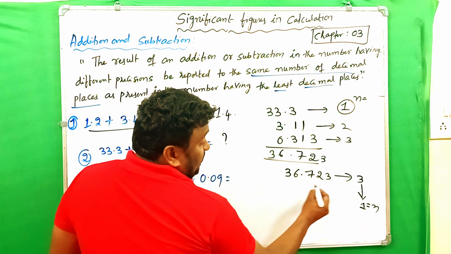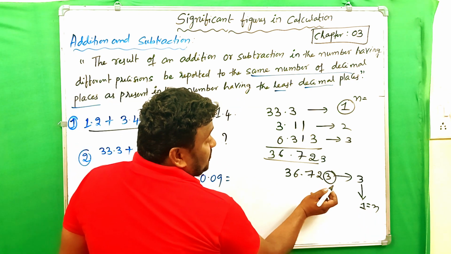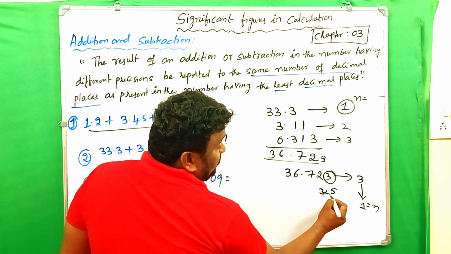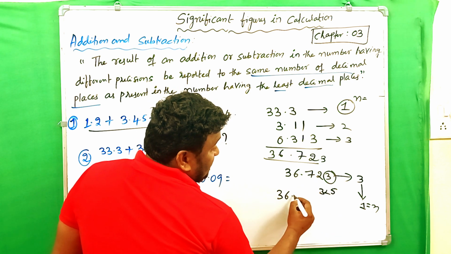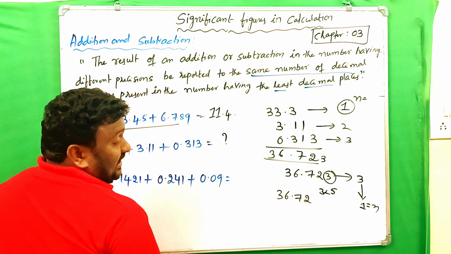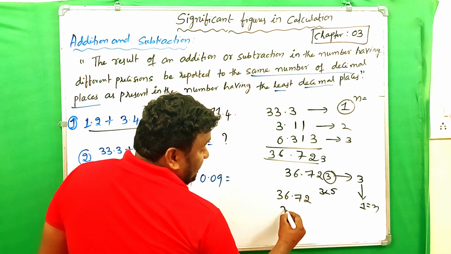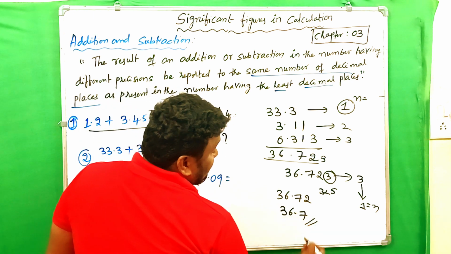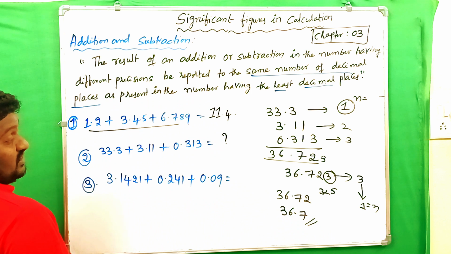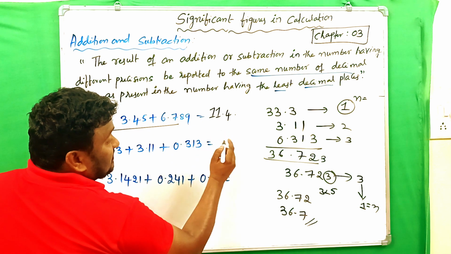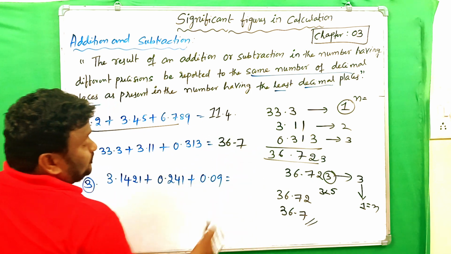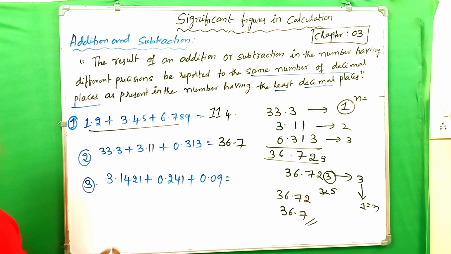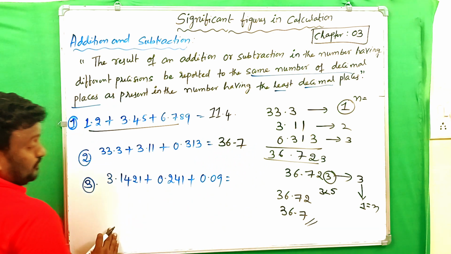Clear? So here the last insignificant digit is 3, which is less than 5, so it is omitted: 36.72. And again 2 is also less than 5, so that is also omitted. We now have 36.7. That's why the answer here is 36.7.